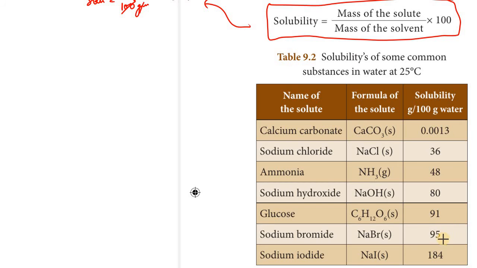Sodium bromide is high. Sodium iodide is really high: 184 grams can be dissolved in 100 grams of water. This is the first case where the amount is even more than that of water. And this one is 95 grams, so effectively 50-50 for sodium bromide.